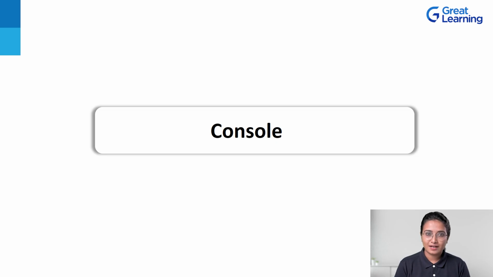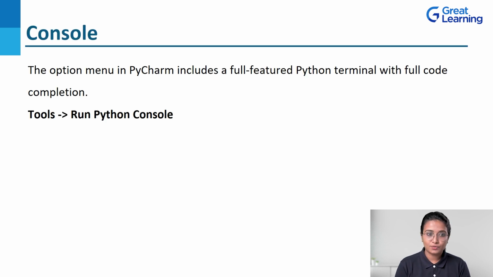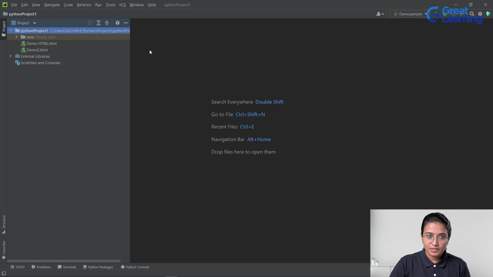Now we'll learn how the Python console looks in Pycharm, right? So the option where you have to reach is, first you have to go to tools and run the Python console, and it has a full featured Python terminal in Pycharm. Let's quickly check how it looks in the Pycharm IDE. This is the IDE of Pycharm.